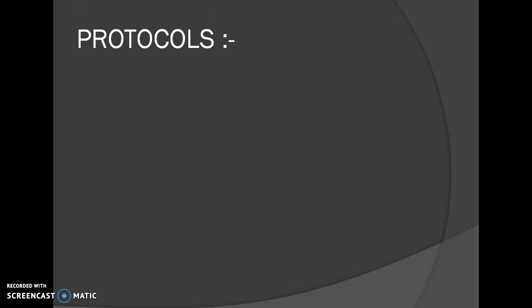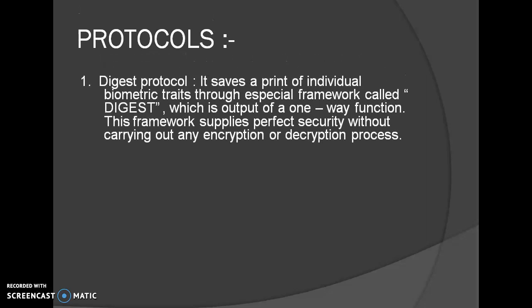Now we see the protocols. First one is the DAGIS protocol. In the DAGIS protocol, the individual's biometric traces pass through a spatial framework called DAGIS, which is the output of a one-way function, and it supplies perfect security without carrying out the encryption or decryption process.